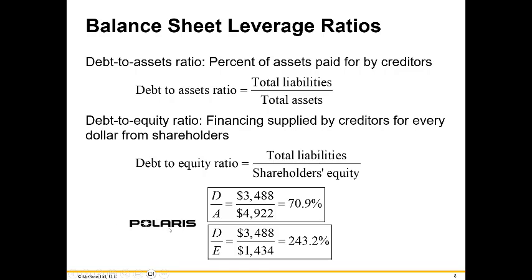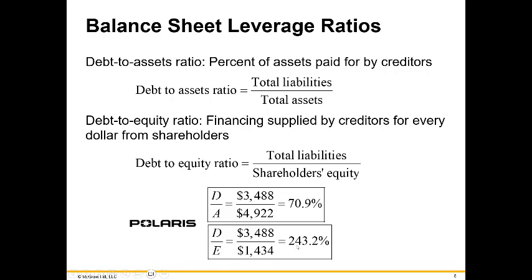So they calculated these for us for Polaris. Debt to assets, 71%. So debt is 71% of the asset base. What does that mean? Well, notice what it says here, percent of assets paid for by creditors. So creditors, meaning the people who lent funds to the business, finance 71% of it.